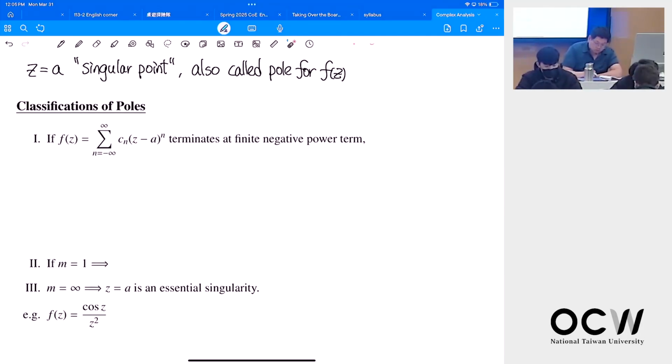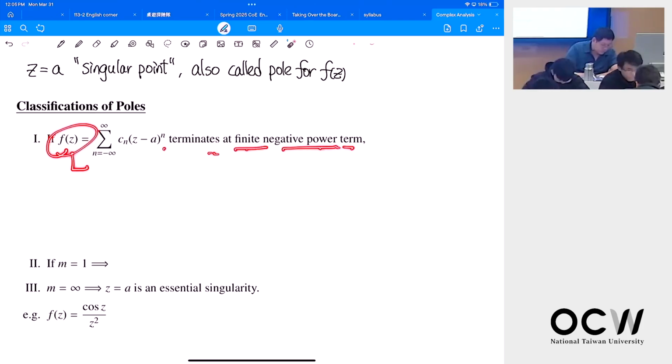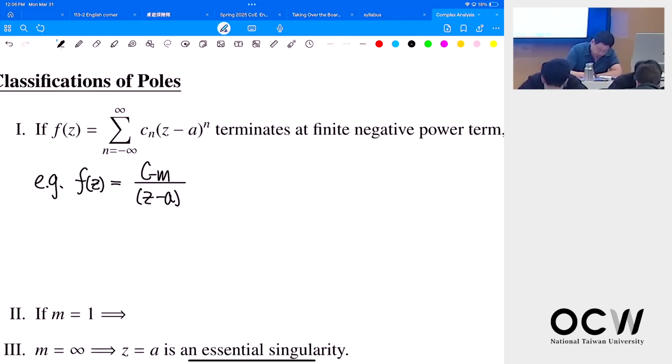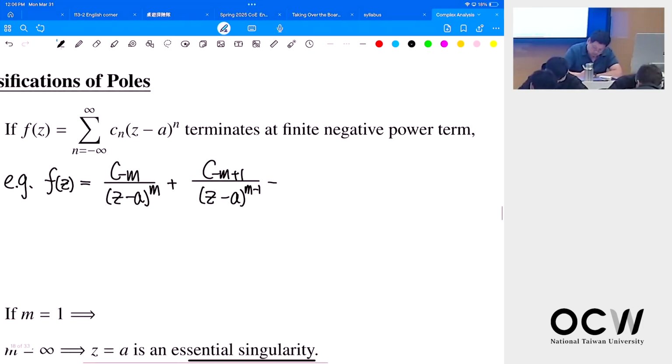So if this complex function terminates at a finite negative power term, for example, f of z equals c sub minus m over (z minus a) to the m, and c sub minus m plus 1 over (z minus a) to the m minus 1, and so on.